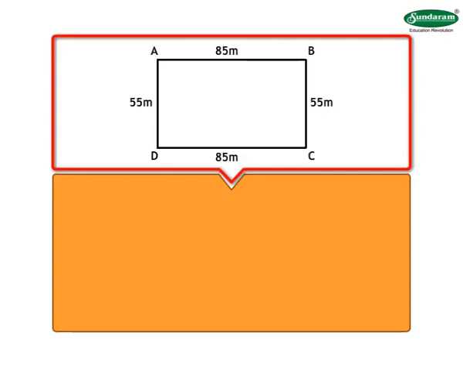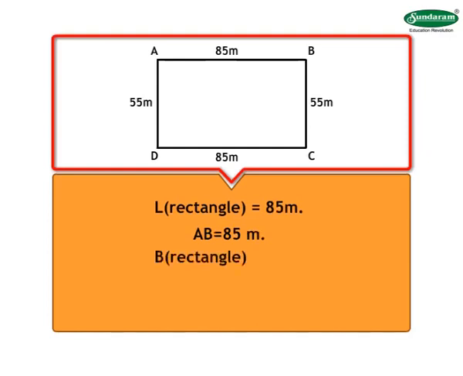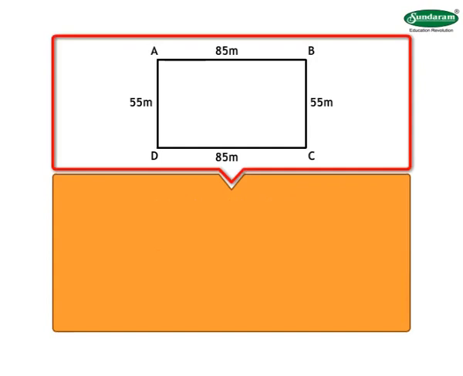Here is the rectangle ABCD. We can see that the length of the rectangle is equal to 85 meters. That is, AB is equal to 85 meters and the breadth of the rectangle is equal to 55 meters. That is, BC is equal to 55 meters.